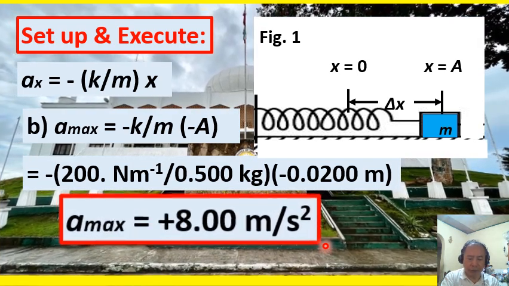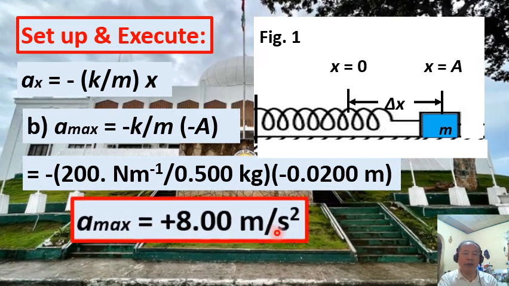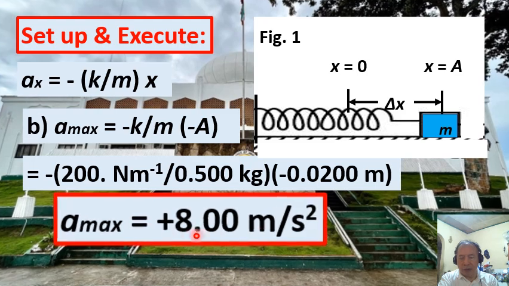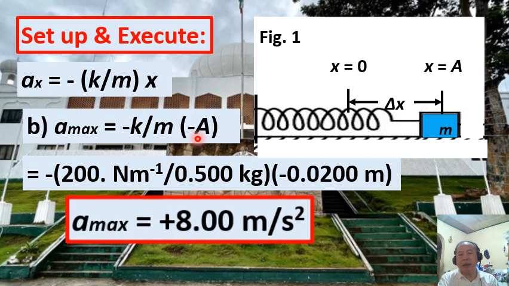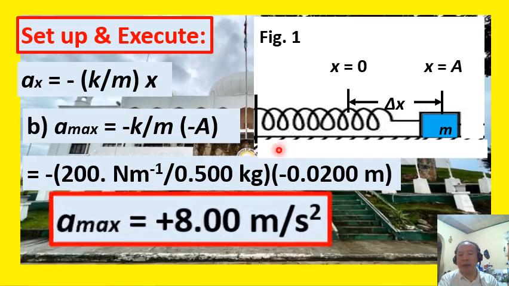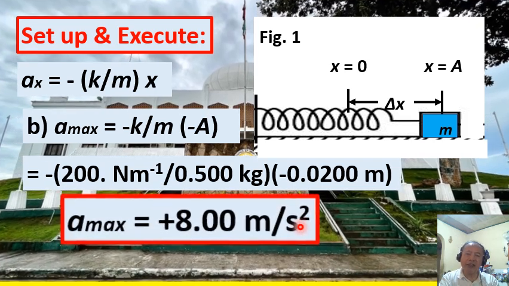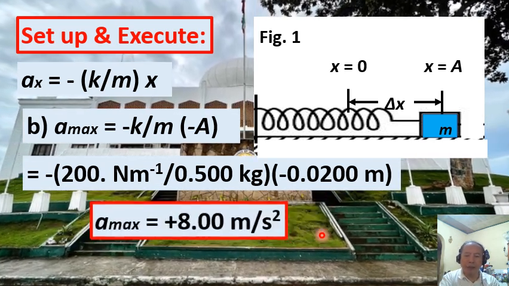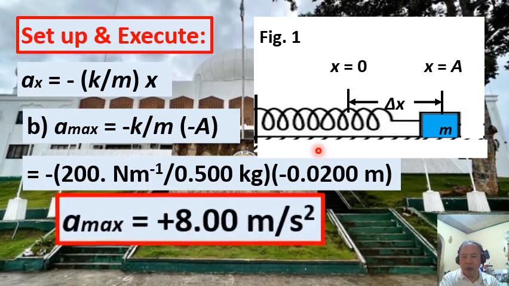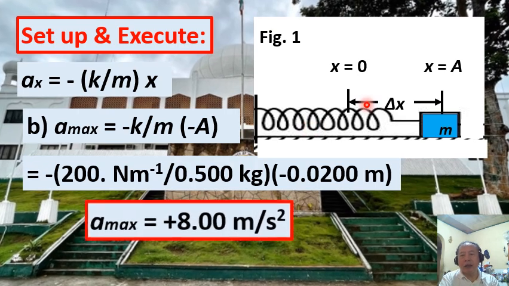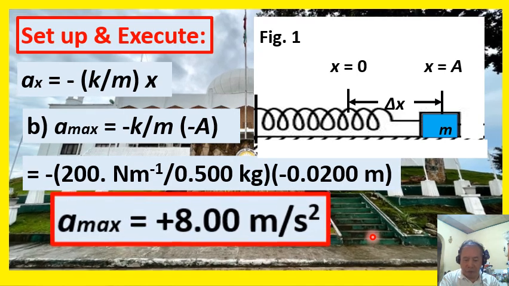The positive sign for our acceleration implies that when the block is at its maximum negative displacement, it has its maximum acceleration directed towards the right, or towards the equilibrium position.